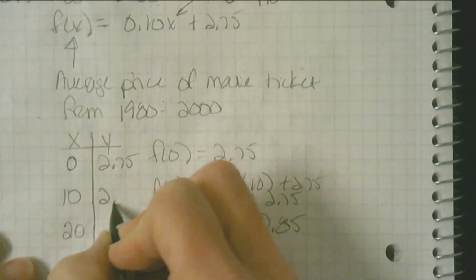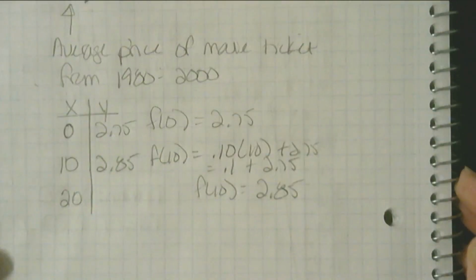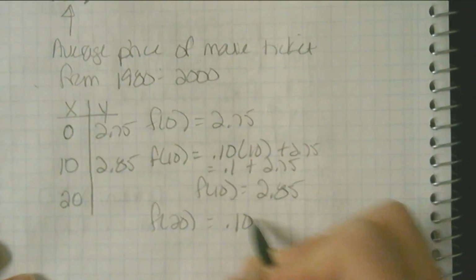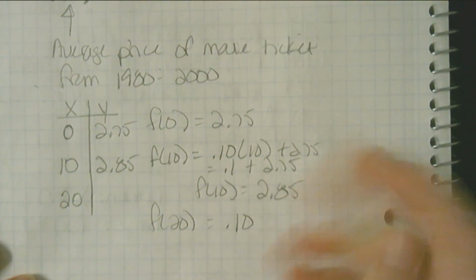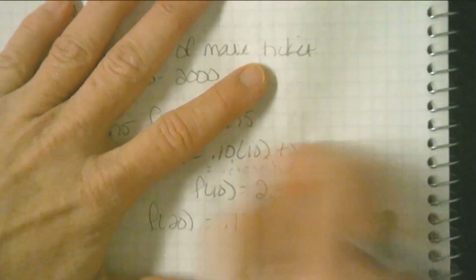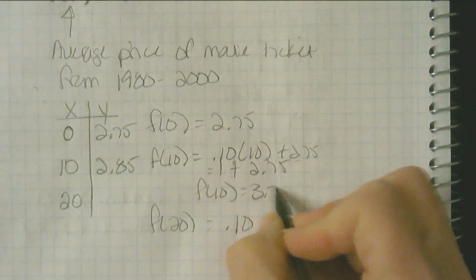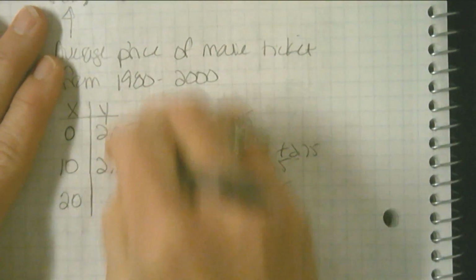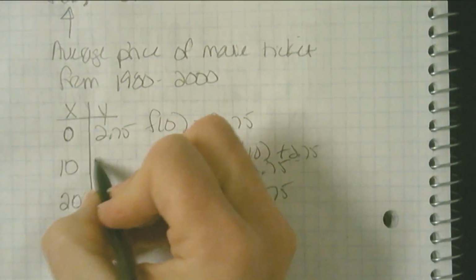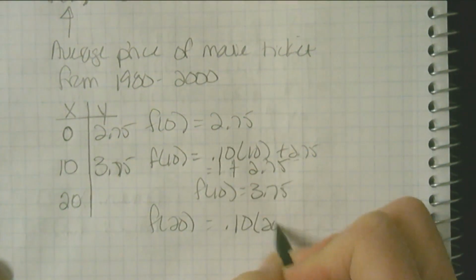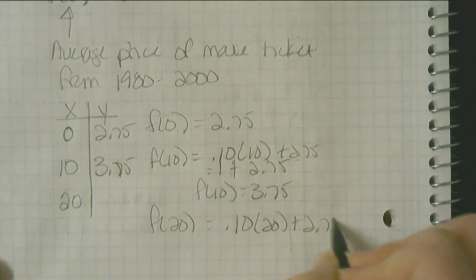All right, if I put 20 in, I get 0.10 times 20 plus 2.75.